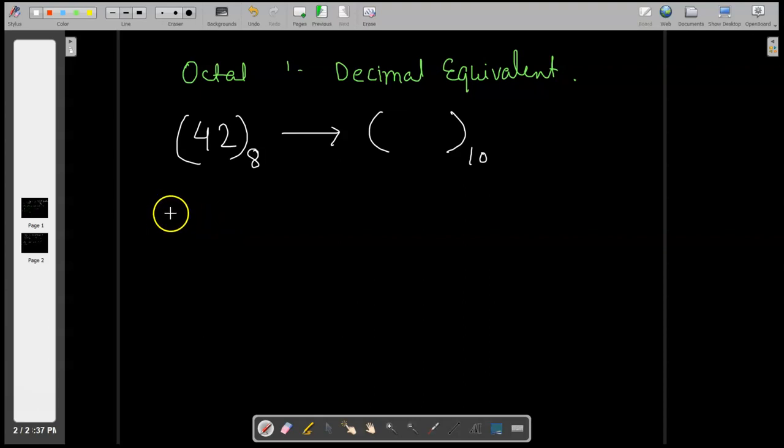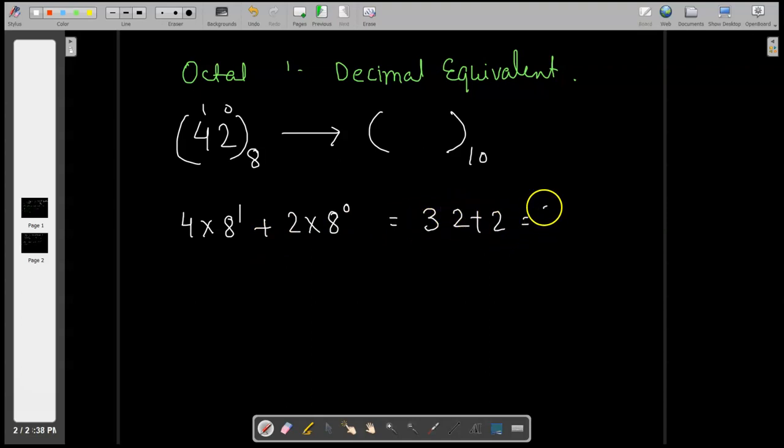Same way, 0, 1. So 4 into 8 to the power of 1 plus 2 into 8 to the power of 0. Very simple. This will give you 32 plus 2, which is 34. So the answer will be 34. I hope this is clear to all of you.